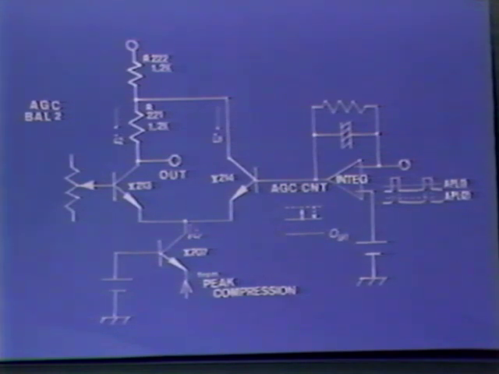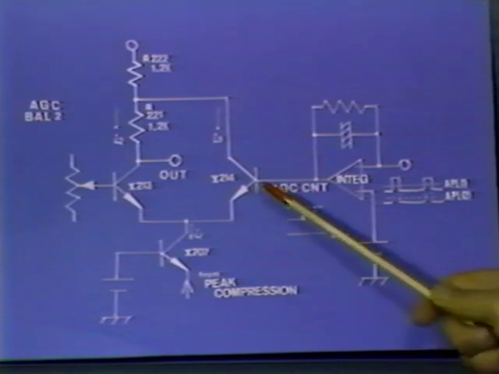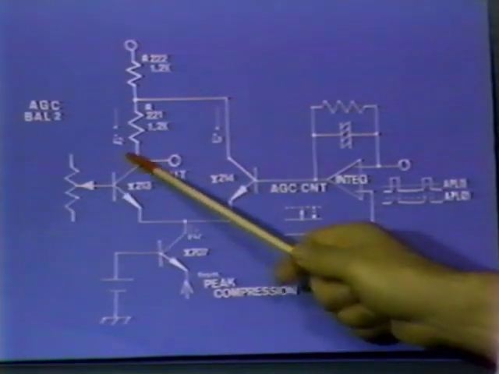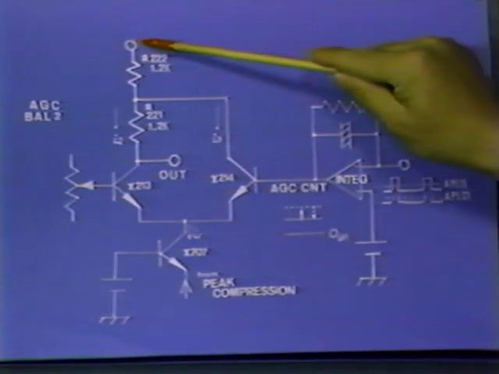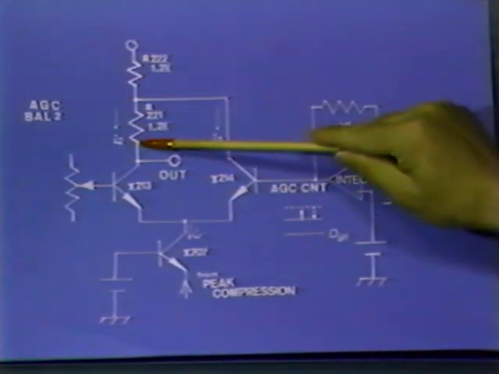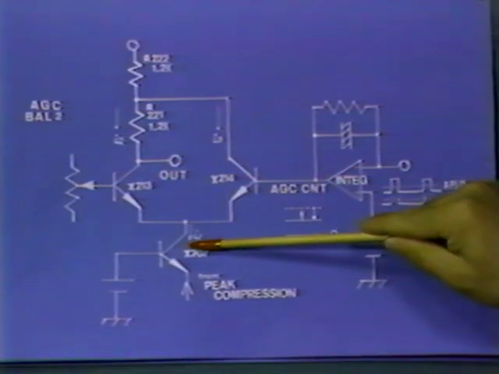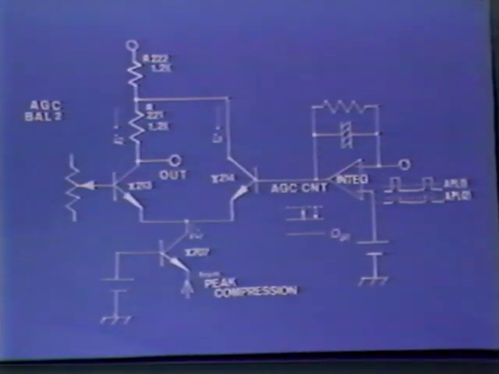On the other hand, under the low illuminance situation, X214 is turned off and X213 turned on, and its AC load resistance makes the sum of R221 and R222, that is, 2.4 kilo ohms, with its sensitivity increased by positive 6 decibels.